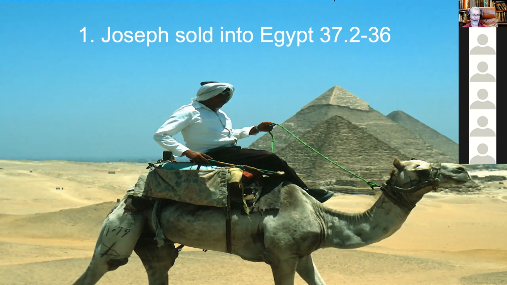They were never the majority in Egypt. They ruled because they were evil people. They were bad people. But they were Semitic people, Syrians. So the theory is the Hyksos must have brought Joseph down.